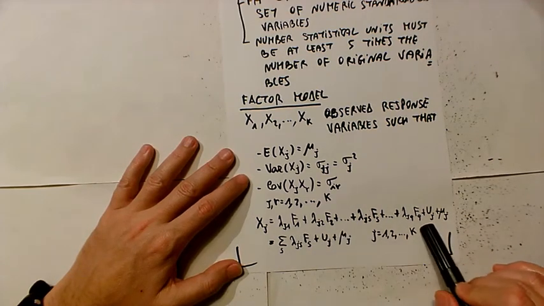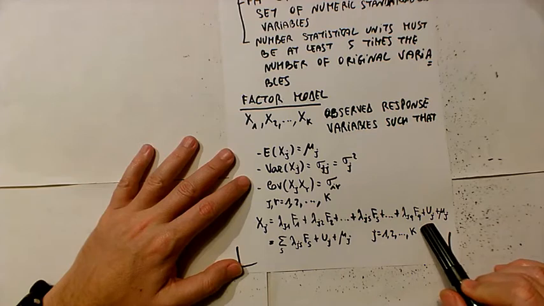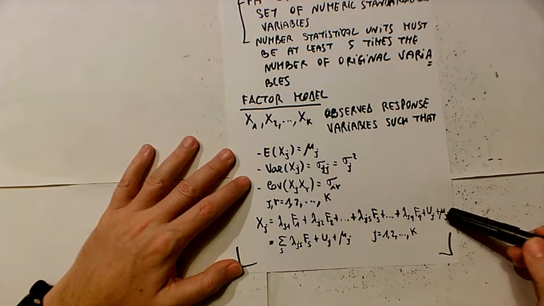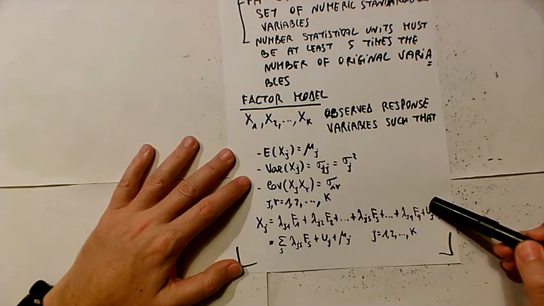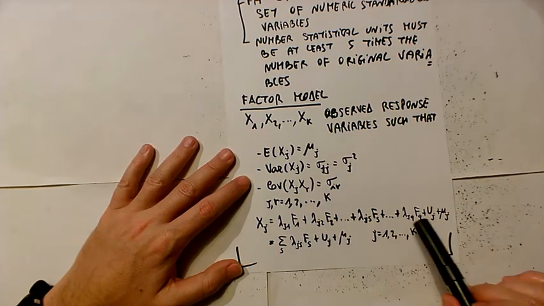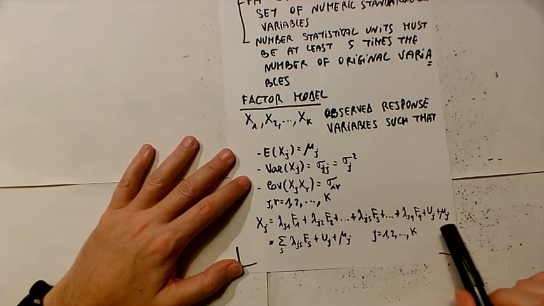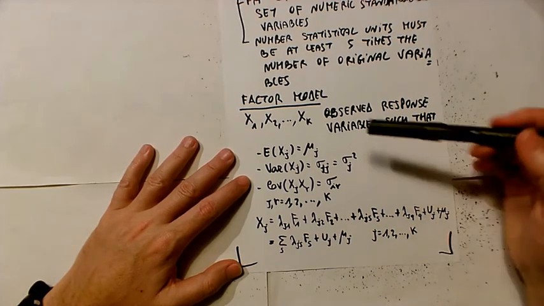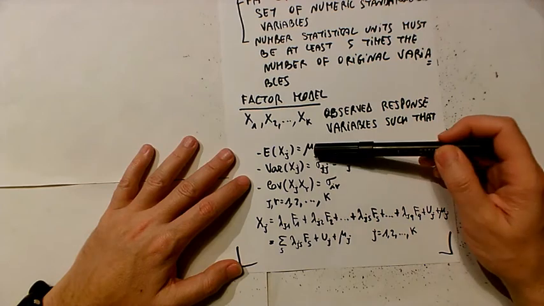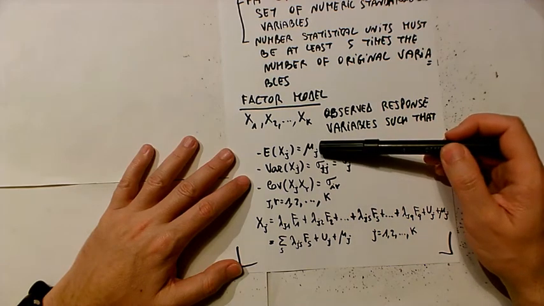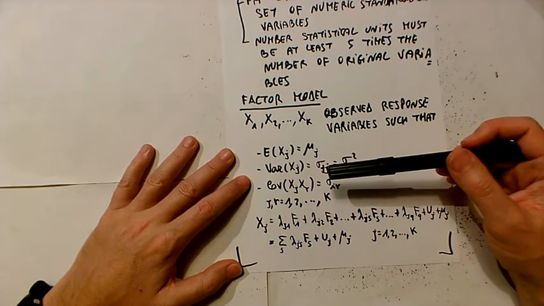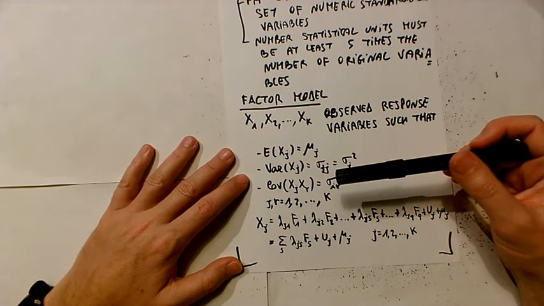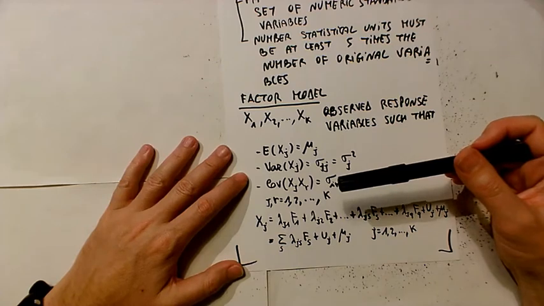The factors take a similar role to the explanatory variables in regression analysis. muj is not a variable; uj is a variable, f1, f2, fq are variables. Muj is a constant, and it represents the mean value or the expectation of the jth observed variable, xj, the response variable.